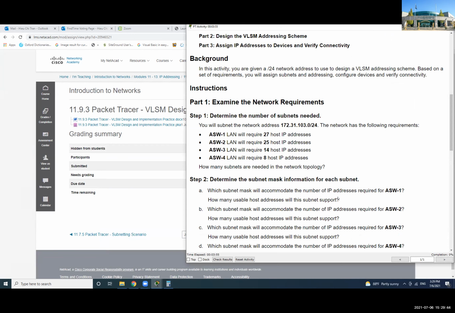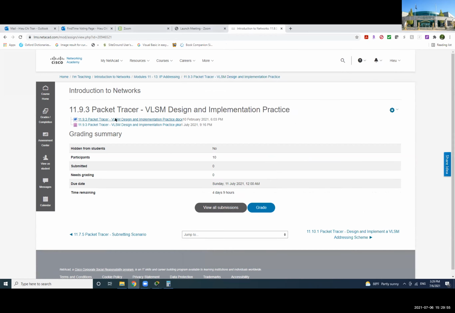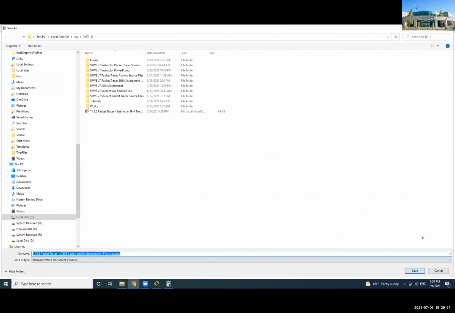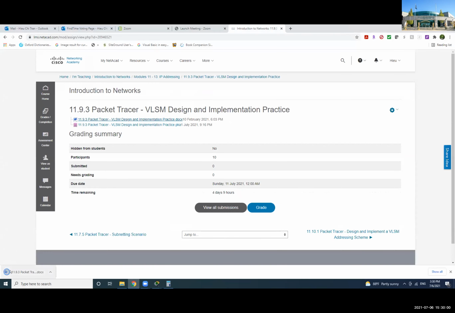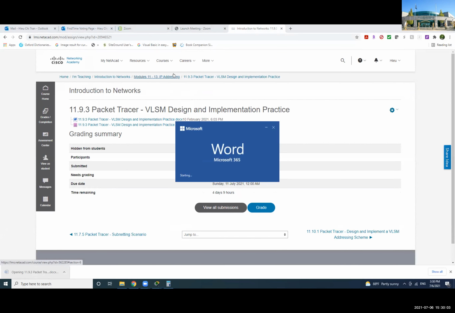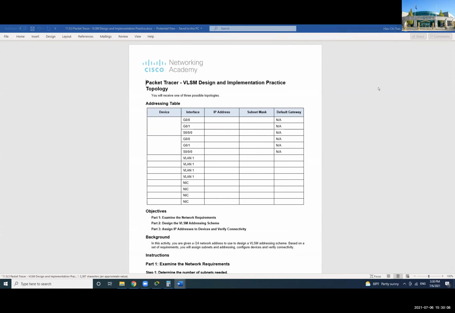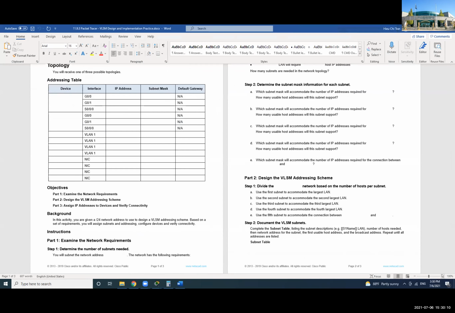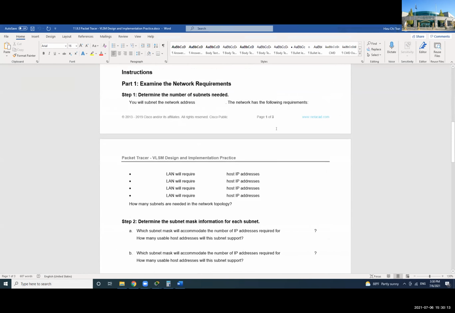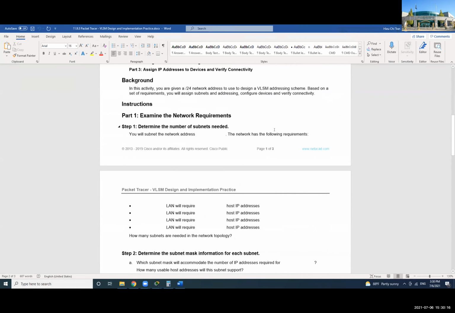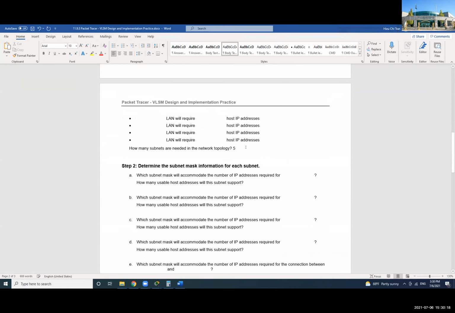So when you have 5 bits in the host portion, that means you have a /27 here. And if you have 5 bits in the host portion, how many usable addresses do you have? What do you think? Let me open the Word file here. Okay, so see, for this one you need 5 bits, right?